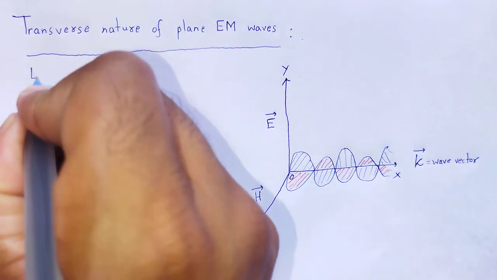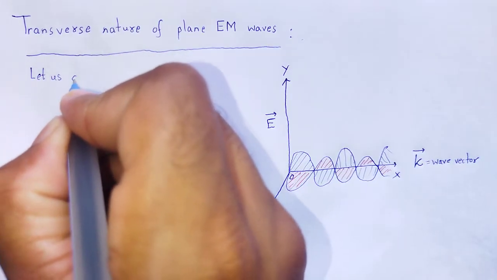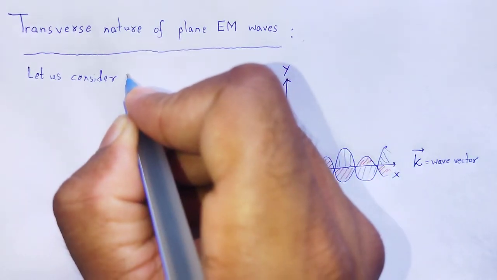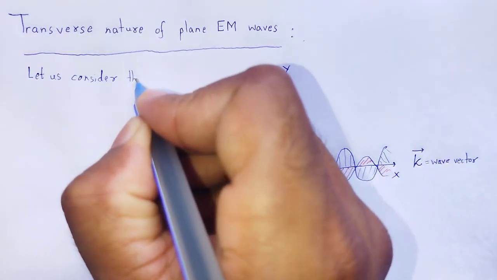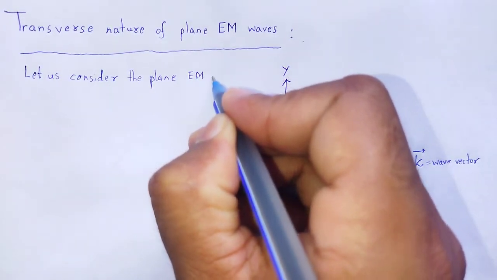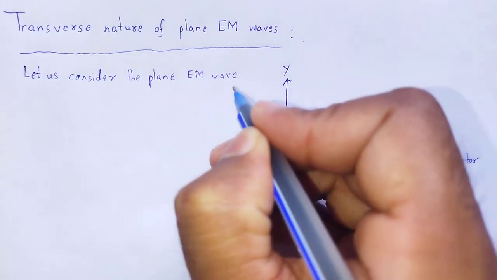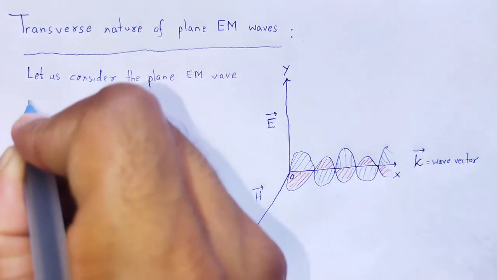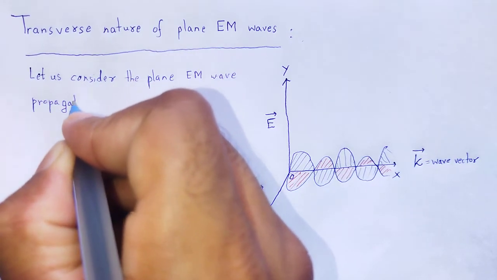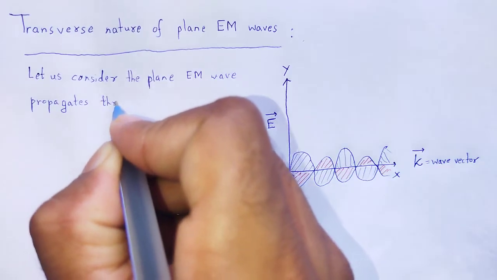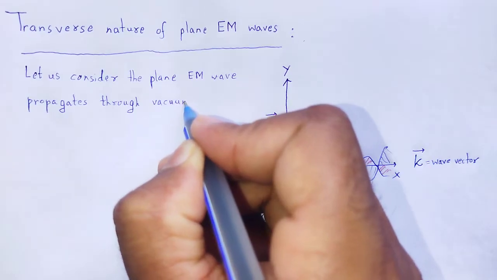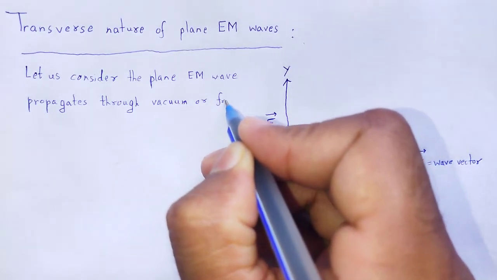Let us consider the plane electromagnetic wave propagates through vacuum or free space.